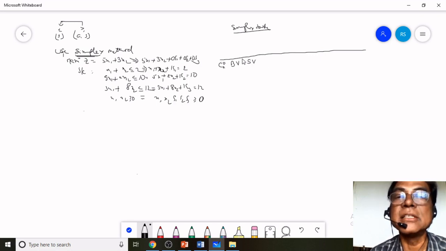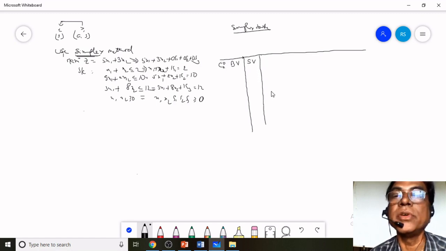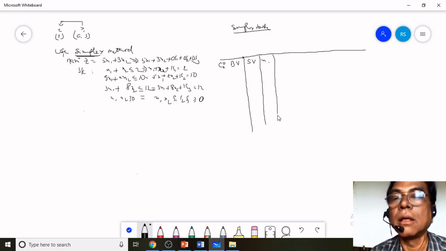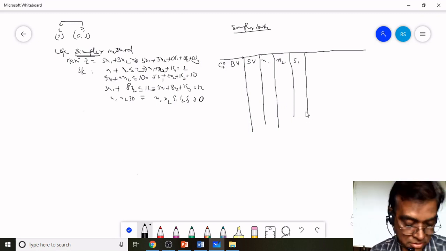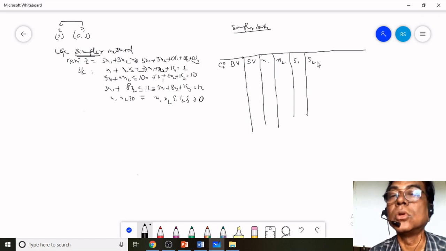How many variables are there? This is the first column, this is the second column. Next, the two variables x1, x2, then the three variables s1, s2, s3, and the last one is the minimum ratio, fixed.